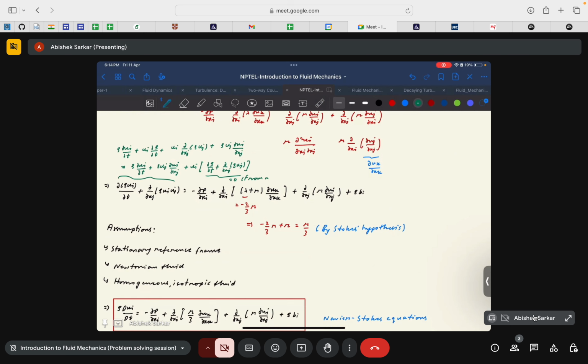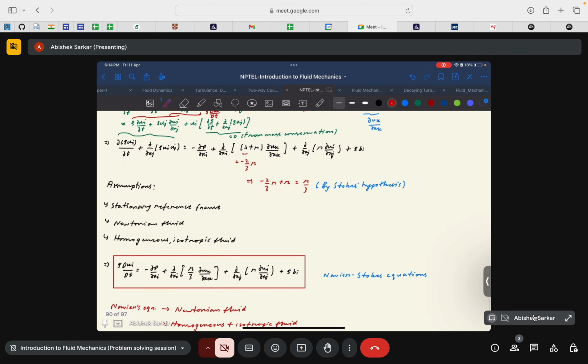Till now we have not imposed the incompressibility condition. The first two terms are equal to ρ times the complete derivative of ui, that is ρ dui/dt. That's what we have written here.